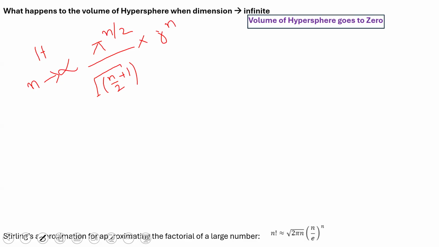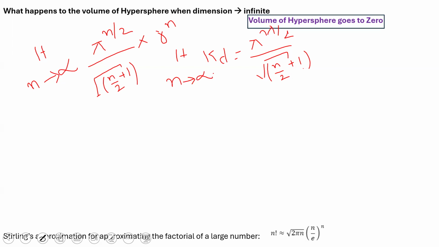Okay, so this is the constant Kd. Kd is taken as pi to the power of n by 2 by gamma of n by 2 plus 1. Now we are interested to understand the limit as n tends to infinity.